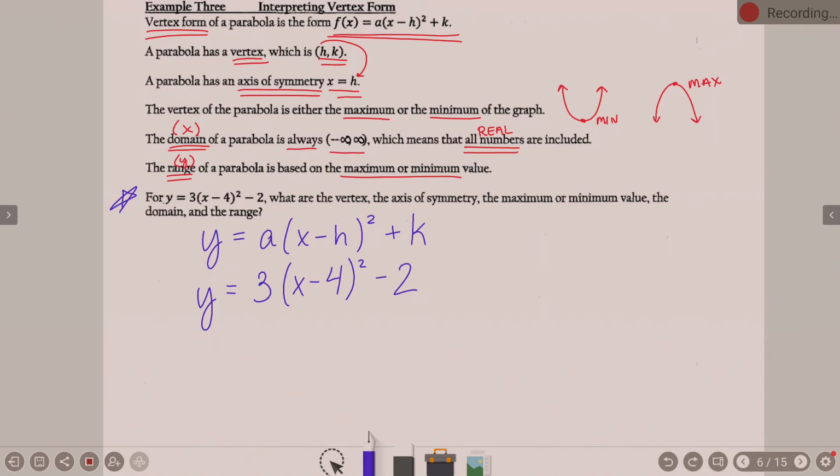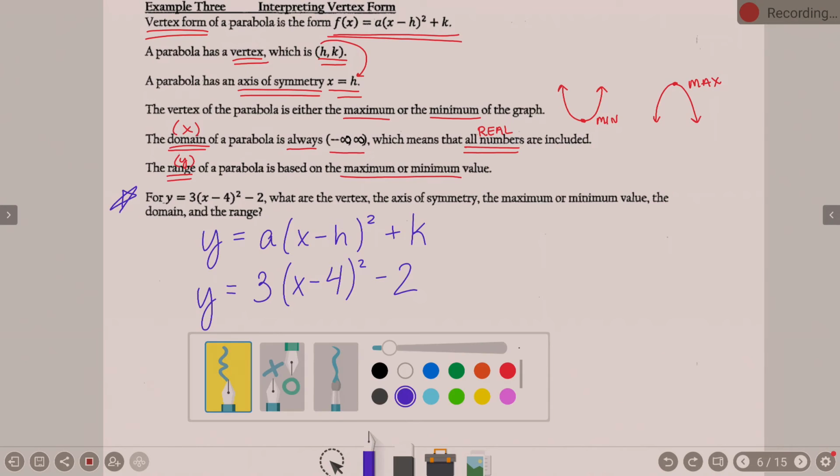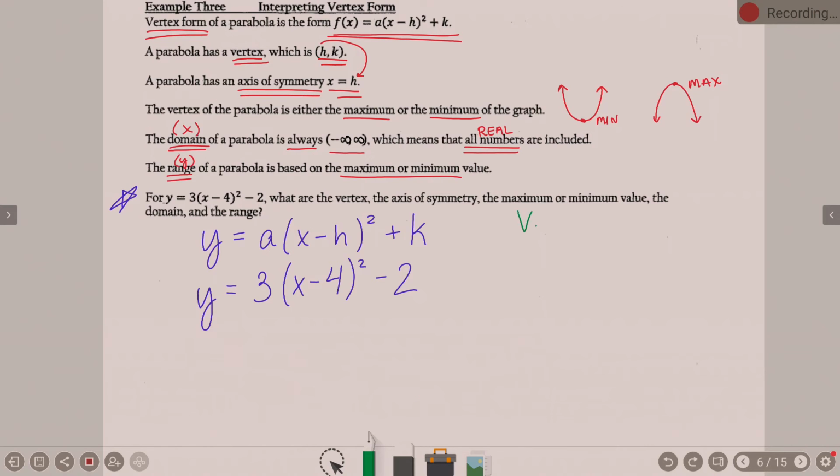First thing we are asked for is the vertex. Now, nice thing is the vertex is given. Glance back up. Where did it say the vertex is? (h, k). As we look at h and k, do we see these values?